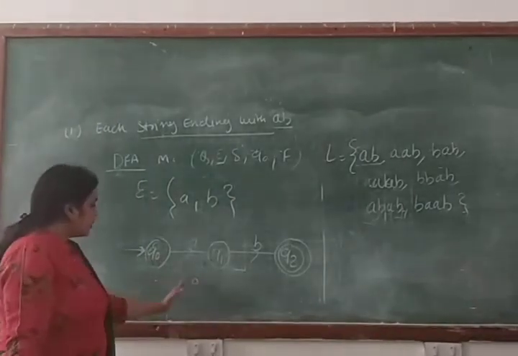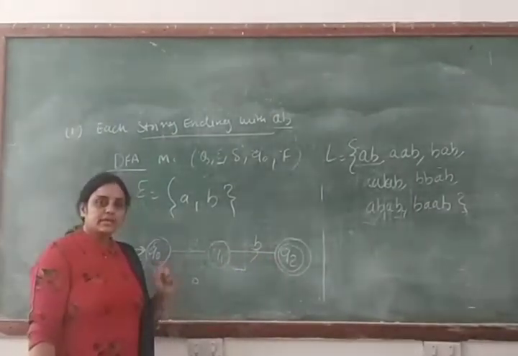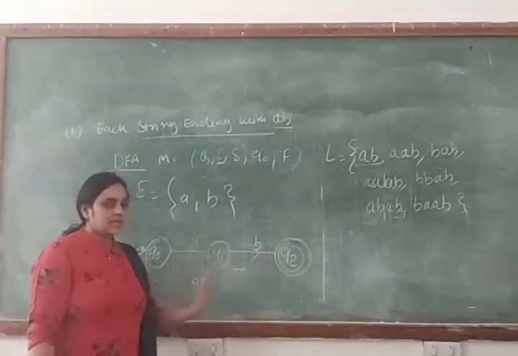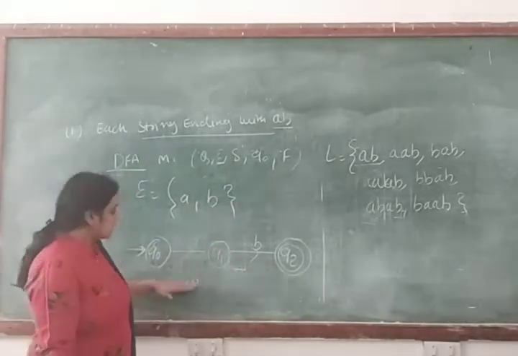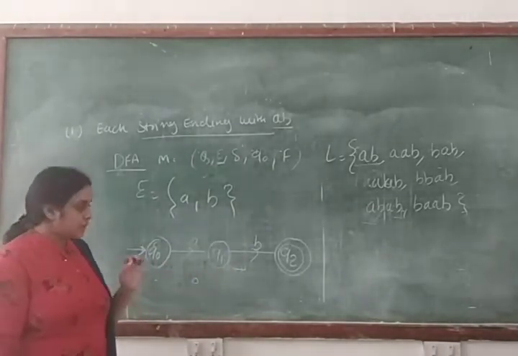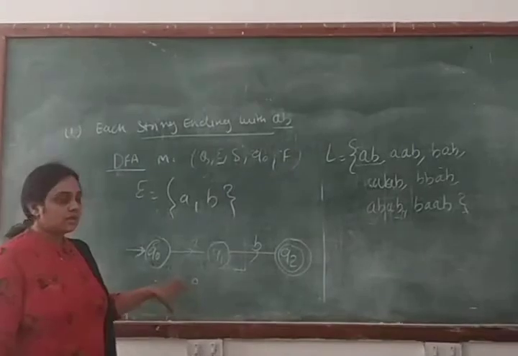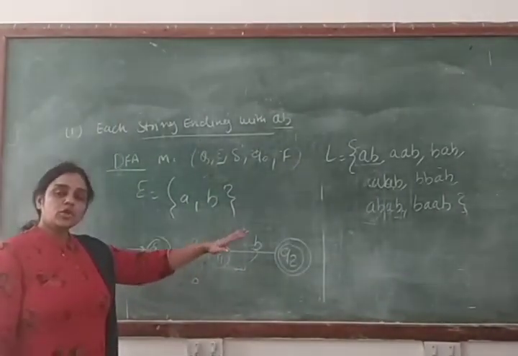In that case, your machine will accept B. Then check, whether this string is a part of your language or not. Clear? So this string is not part of your language. So first we have to check the string. The string that you are making a transition for from Q0 to Q1, then Q1 to Q2.